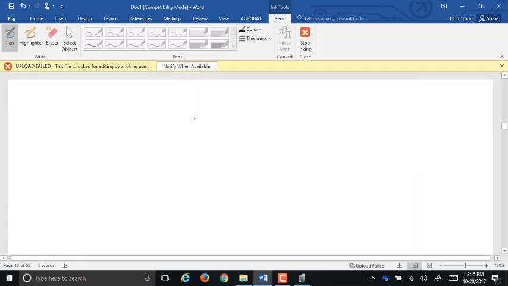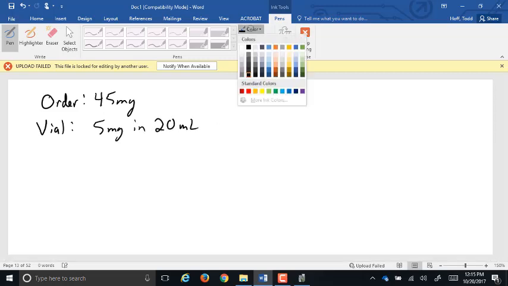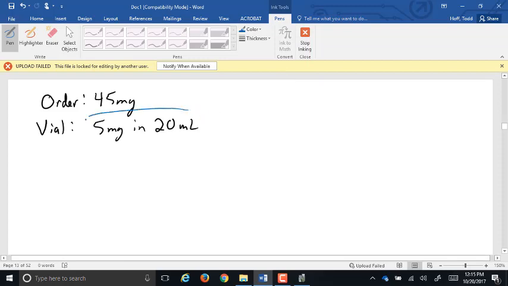Let's look at our other example. So the order was for 45 milligrams. The label on the vial was 5 milligrams in 20 milliliters. Again, this label on the bottle is giving me an equivalency that 5 milligrams of medication is equal to 20 milliliters of that solution.